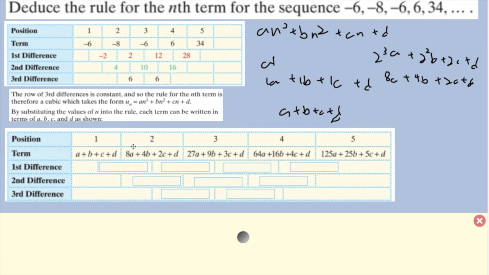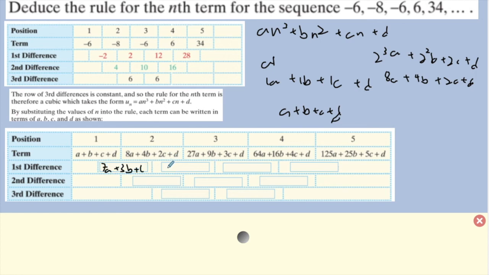So I need to do 8a minus a. So this should be 7a, 4b minus b, or it will be 3b. 2c minus c is c, and d minus d is just going to stay.